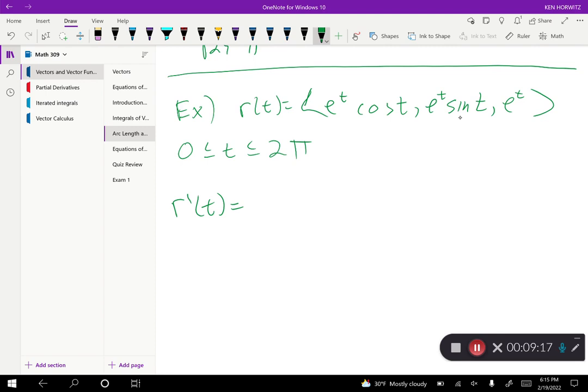All right, I hope you paused the video for just a minute to work out that derivative. I would say not the hardest product rule I've ever had in my life, but if you haven't done product rule for a while, could be challenging.